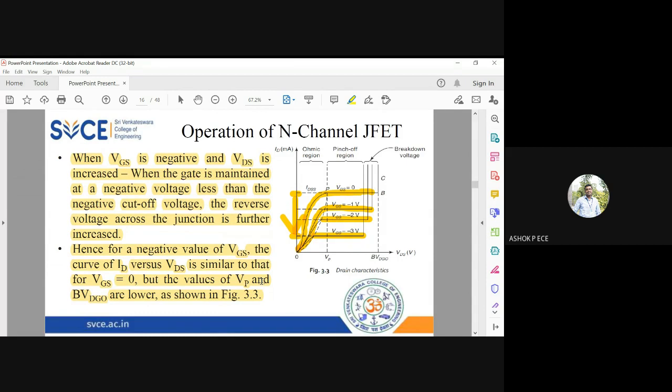When the channel width is more, more current can flow through the device. When the channel width is less, you cannot expect more current relative to the previous value of VGS. The current will be relatively reduced. That is what they want us to analyze from the graph.